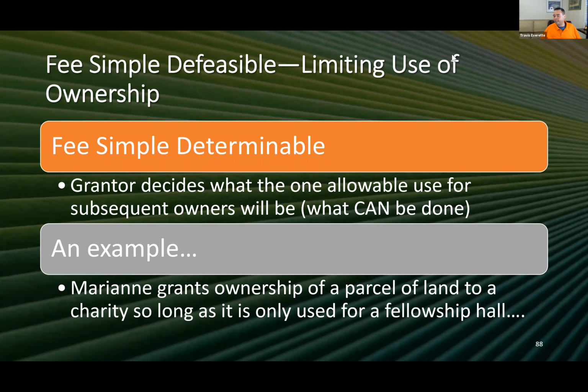Is that an example of a fee simple determinable, or is that an example of a fee simple subject to a condition? Which one is that? Subject to a condition. That is subject to a condition. That's exactly right.